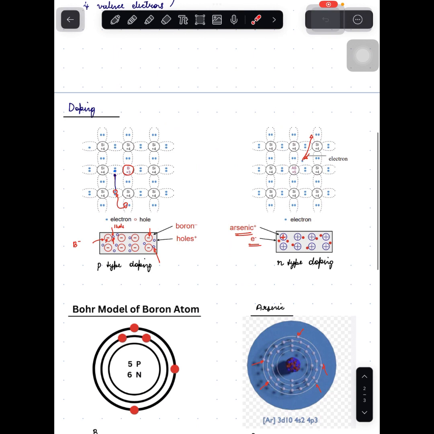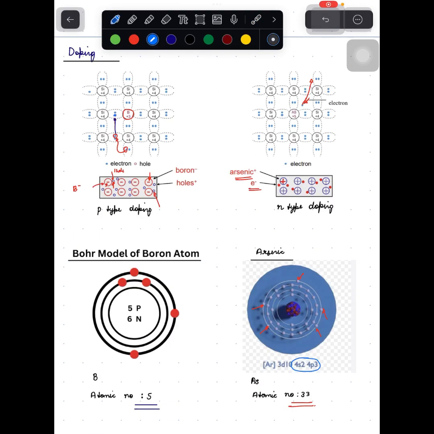Doping. There are 2 types of doping, that is P-type doping and N-type doping. Arsenic is called a donor atom because in its outermost shell it has 5 electrons, that is in shell 4. You can see in the Bohr's model 1, 2, 3, 4, 5.